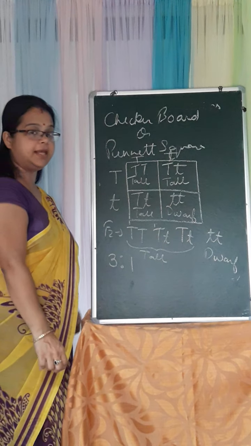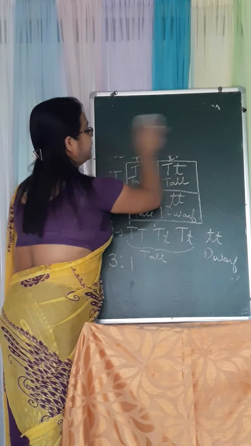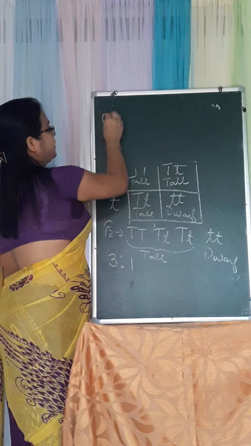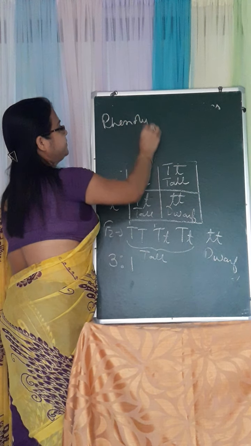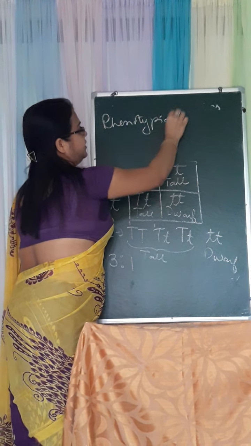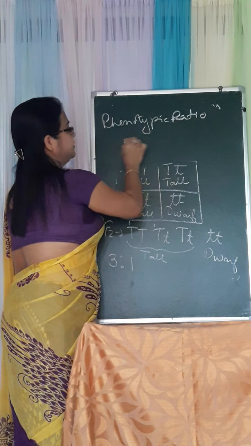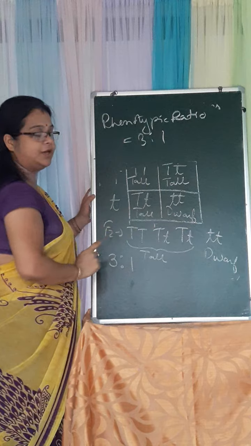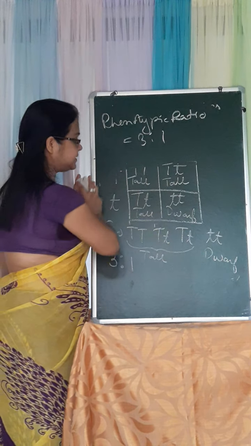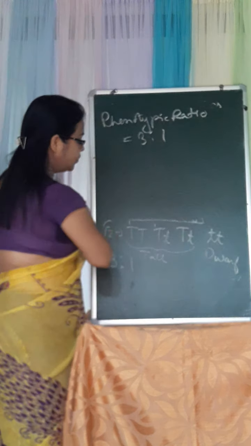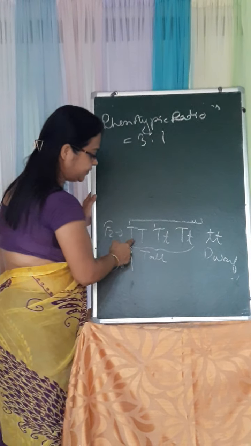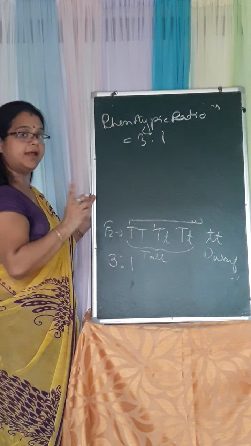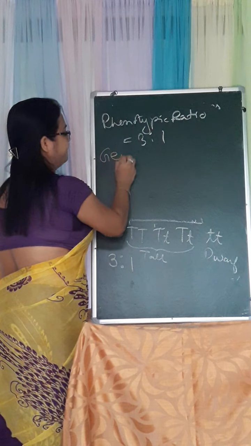That is Mendel's monohybrid phenotypic ratio, 3:1. Now if we see it genotypically, how many pure tall plants? 1 pure tall plant.